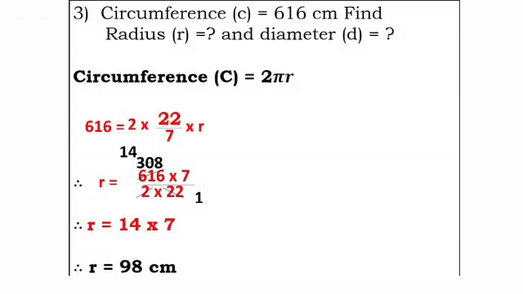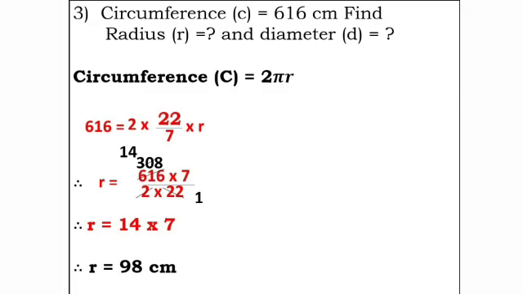Now here in third sum, children, circumference is given to you as 616 centimeter and you are going to find out the radius and diameter by using the formula circumference is equal to 2 pi r. Now circumference is given to you as 616 is equal to 2 into pi, which is 22 upon 7, into r.